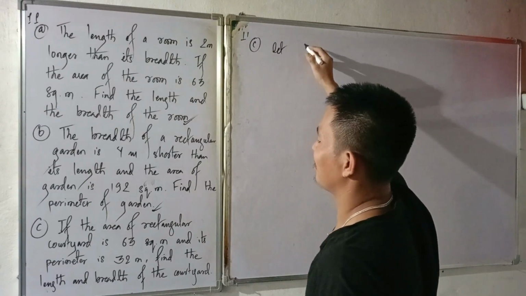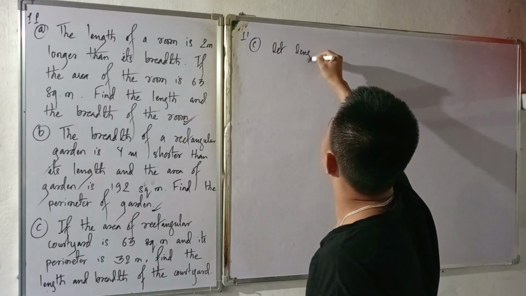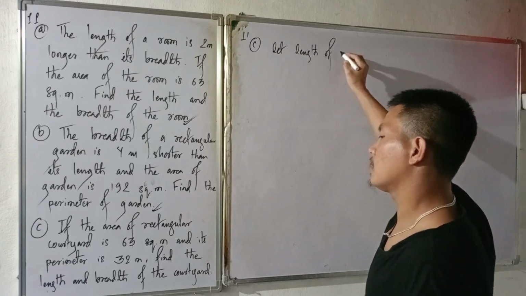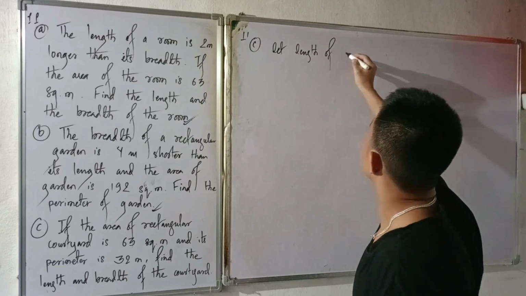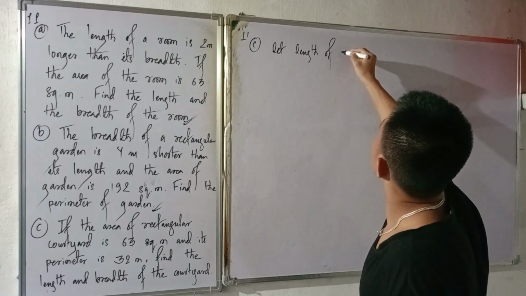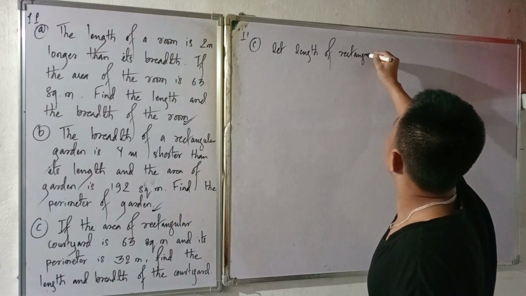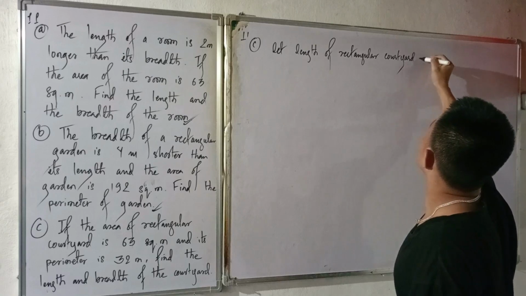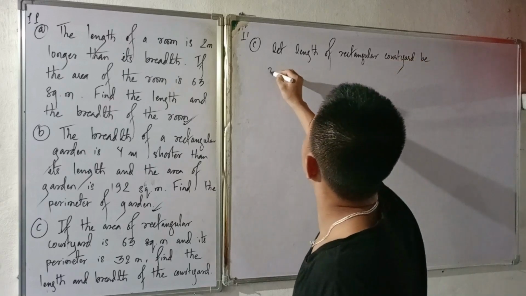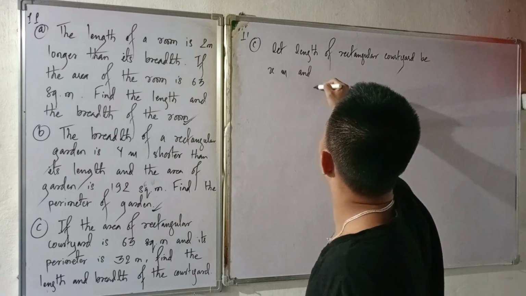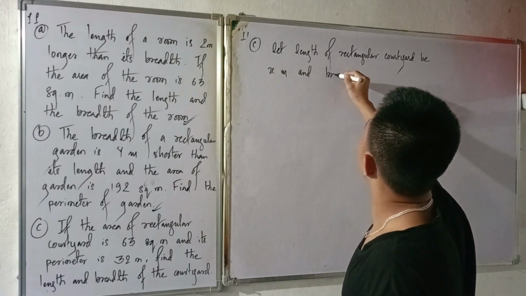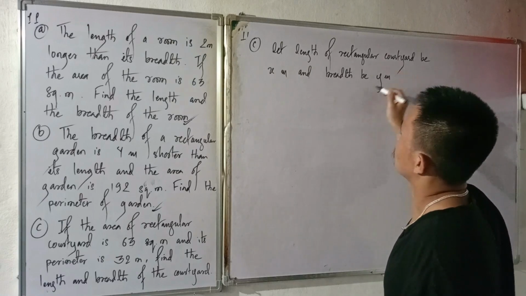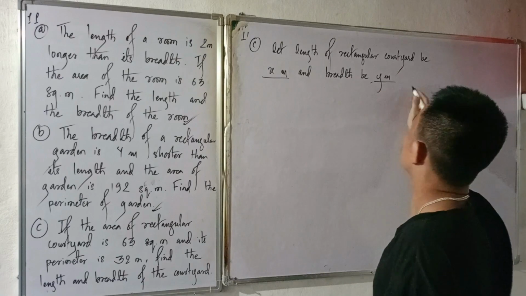Let the length of the rectangular courtyard be x meter and the breadth be y meter. Okay, x meter length and y meter breadth.